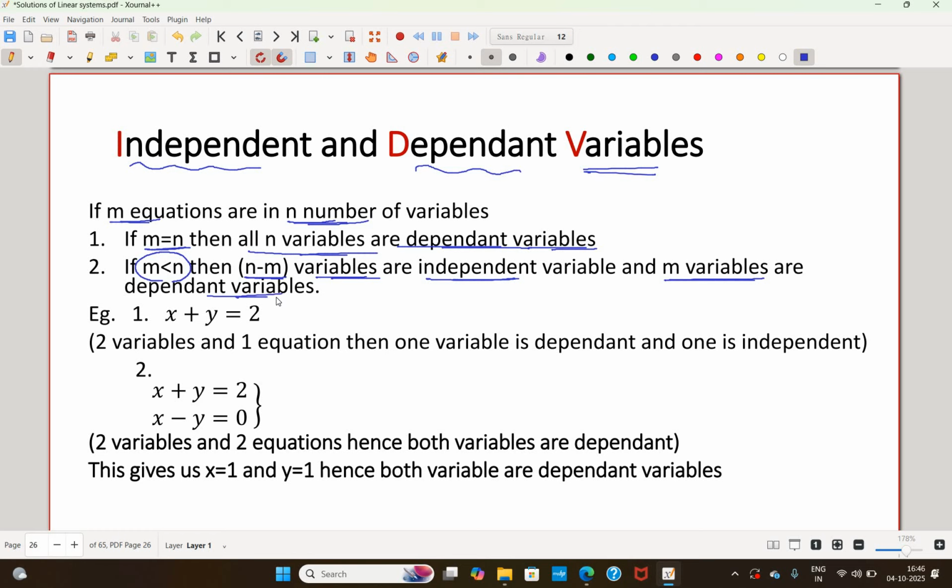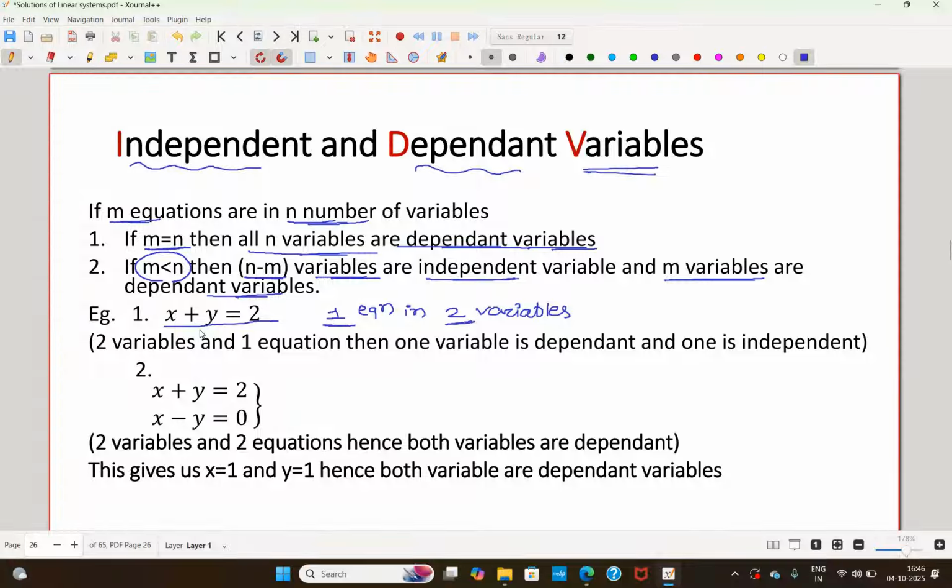Now let us try to understand this particular aspect through one example. See this example number 1. I have the equation x plus y is equal to 2. That means this is a single equation. So I'll write down here: one equation in two variables. Right? So what is the value of m here? It's 1. And what is the value of n here? It's 2.